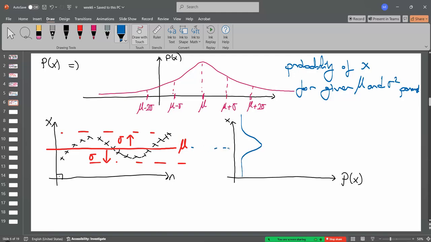This is called the mu, this is mu plus sigma, and this is mu minus sigma. Okay, and so it's the highest probability rate of x happening in that parameter or those values.